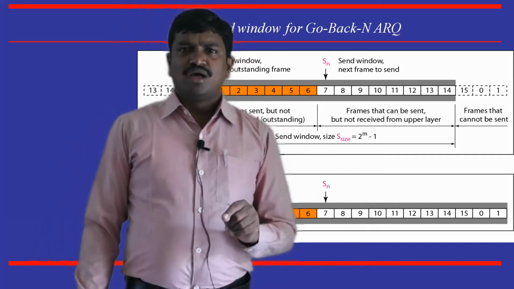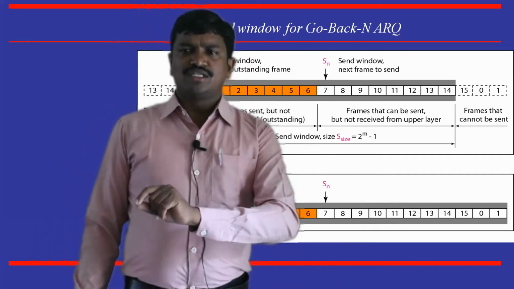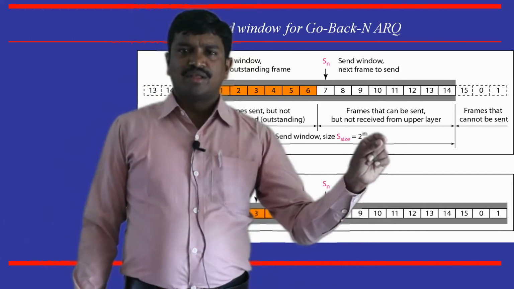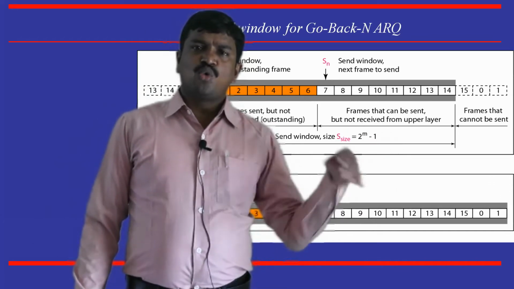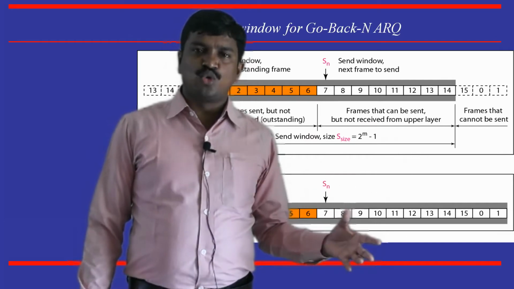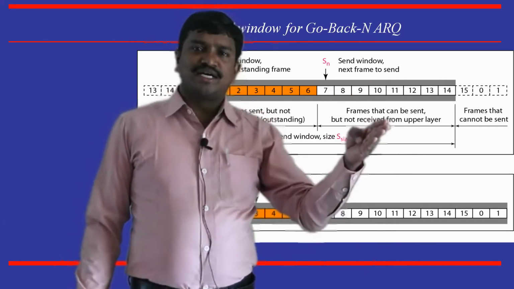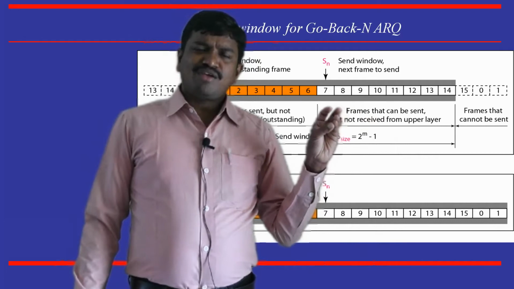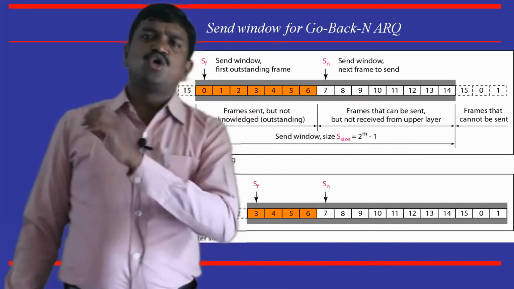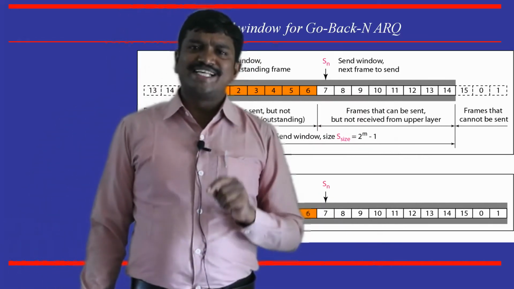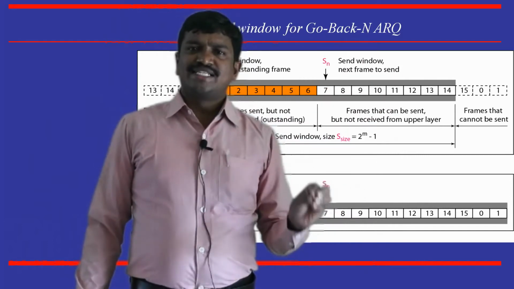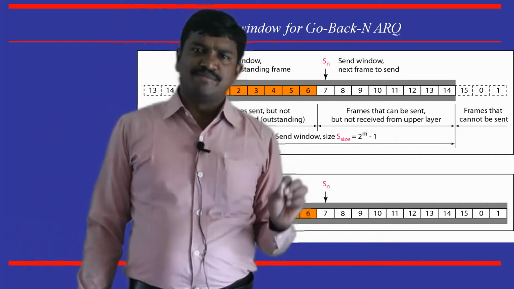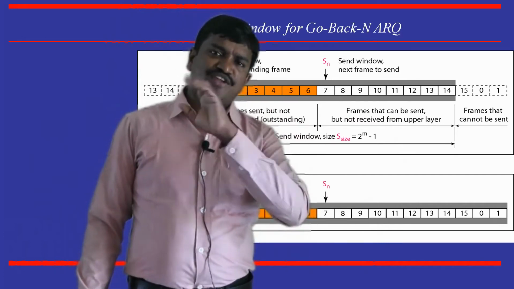Whenever a problem occurs, say the third frame is not received, the sender has to go back to that frame number and retransmit from there. That is the reason it is called Go-Back-N. Let us say the sender sent frames 1 to 10, but there is a problem in the 5th frame itself.